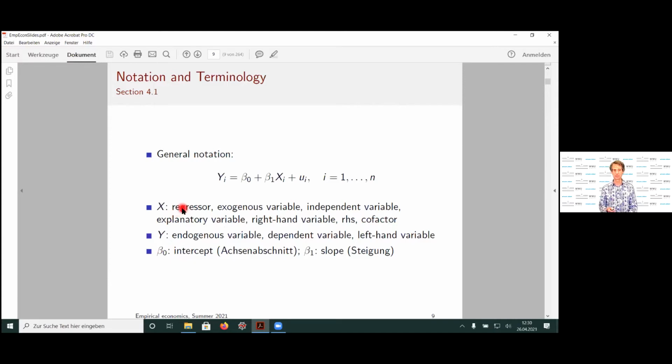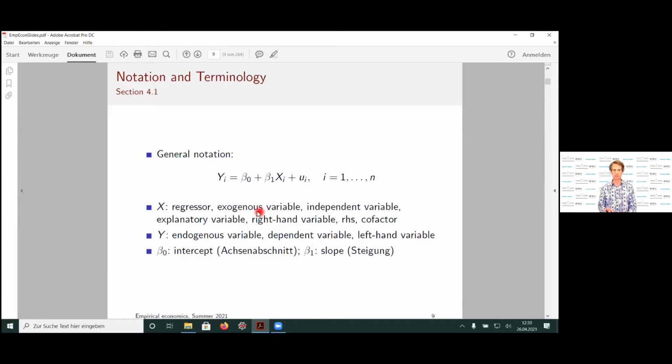I prefer the term regressor because that's very general, and since we are in a regression setting, it's a very telling term. So I think this is the term you should try to use most often. Apart from that, you will find the term exogenous variable quite often, but later on in the term, we will see that talking about exogenous variables on the right-hand side is not that good an idea.